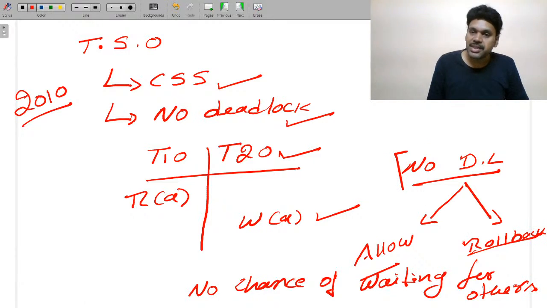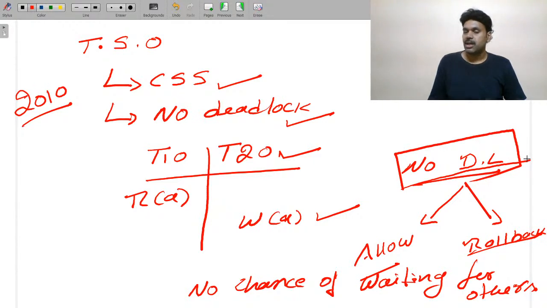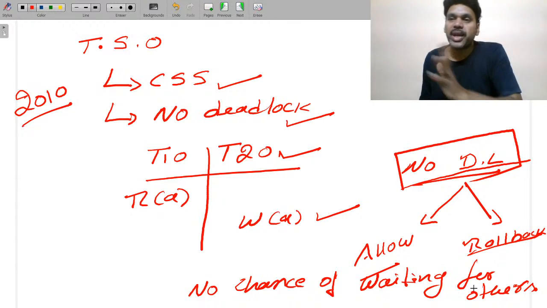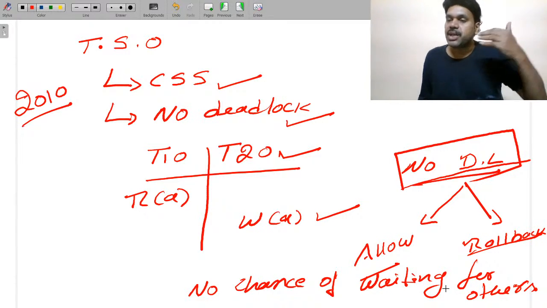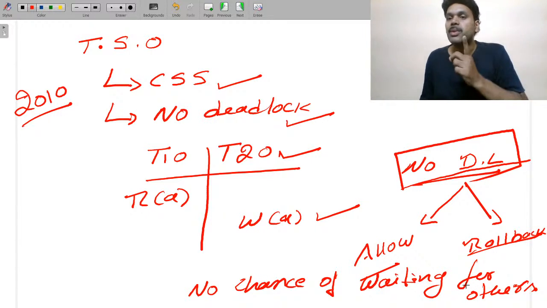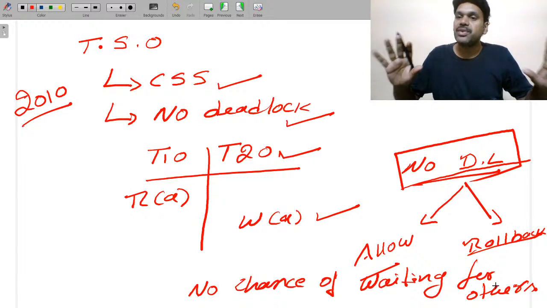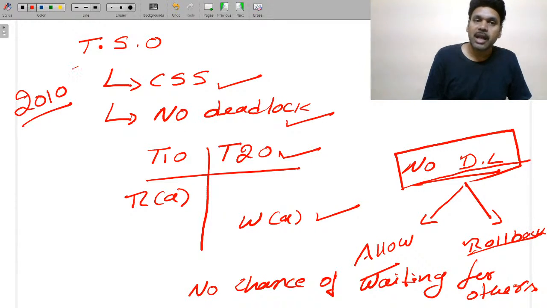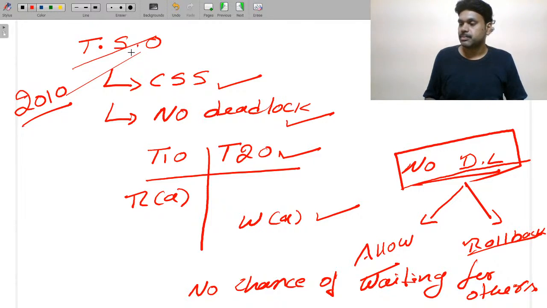Therefore, you never see deadlock in this. Please observe, friends. If your timestamp is greater, you will be allowed. If it is not greater, it will be rolled back. But you never wait for others. Therefore, there is no chance of deadlock in the timestamp ordering protocol.